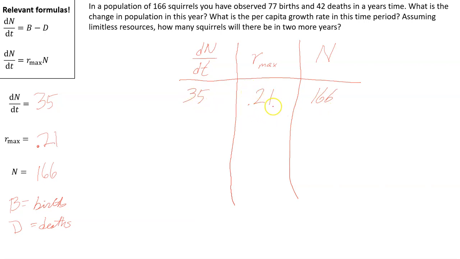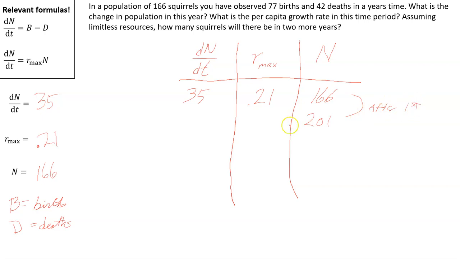So assuming exponential growth, there's nothing messing with this at all, we can go ahead and add 166 to 35. And that's going to give us the amount of individuals in the next generation, which ends up being 201, right? So this growth right here is after the first year.